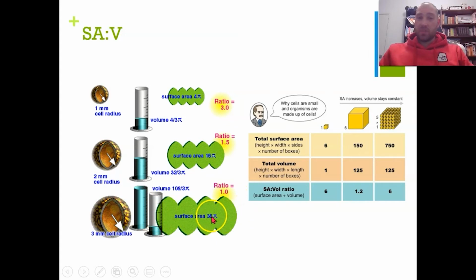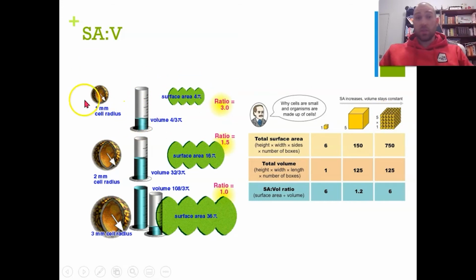So now our ratio is 1 to 1. 108 divided by 3 is 36. So as our cell is getting bigger, it's having proportionally less surface area compared to the volume of the cell. That means it's much harder to get things like oxygen in, carbon dioxide out, glucose in, urea out. All of those things become a lot more difficult when you have less surface area exposed to the environment for the volume that you're containing.